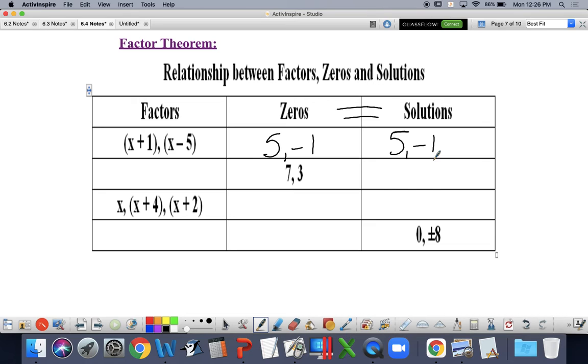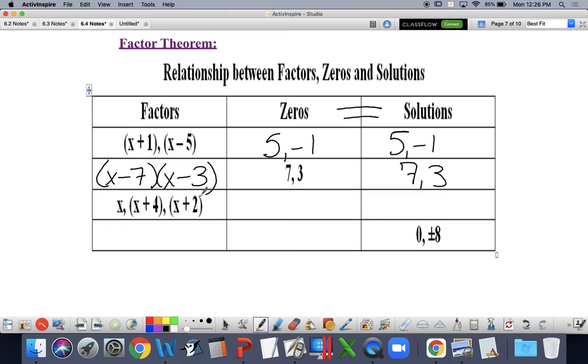So if I know my zeros are 7 and 3, those are the same things as my solutions, what would my factors have to be? x minus 7, x minus 3. And if I wanted to FOIL and get the whole quadratic out of there, I could.